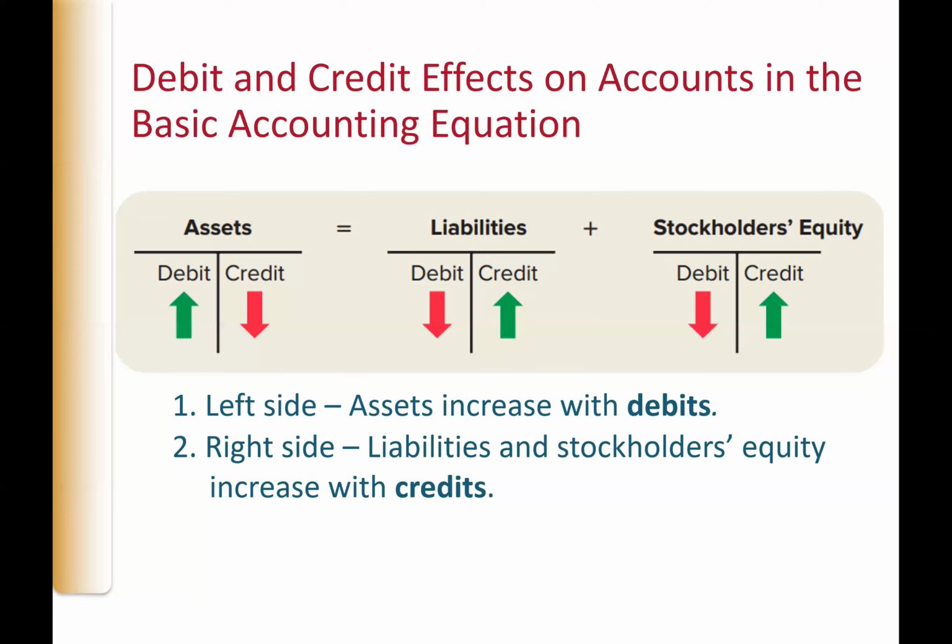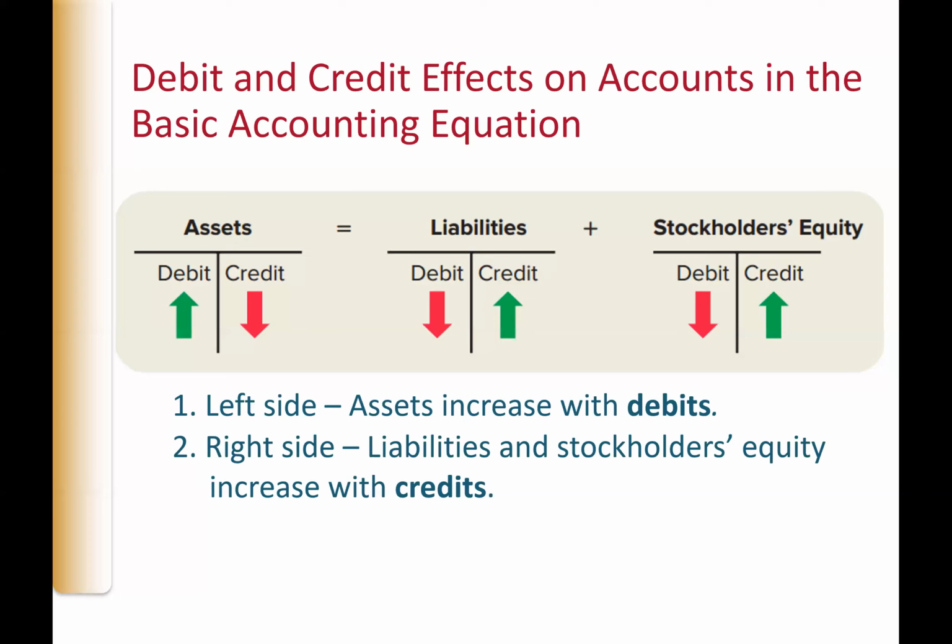Now here's the key. We know assets are on the left side of the accounting equation, don't we? Assets equal liabilities and stockholders' equity. And we know debit means left. So we increase assets by debiting them. Liabilities and stockholders' equity are on the right side of the accounting equation, aren't they?